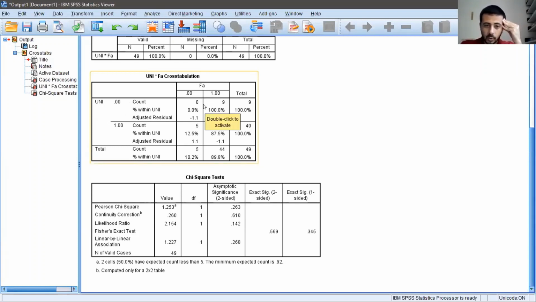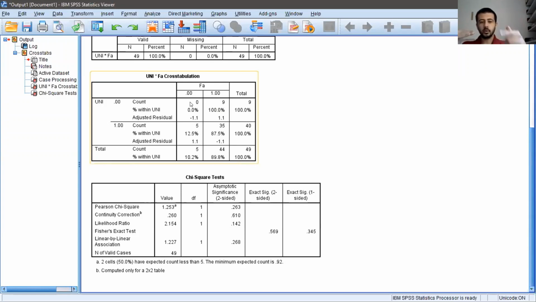So what I expect is when the university is negative in this category, I have more of those with faculty than those without the faculty. The example is not so clear, but you can consider any other variable, positive and negative, like happiness, not happy, and eating something, not eating something.